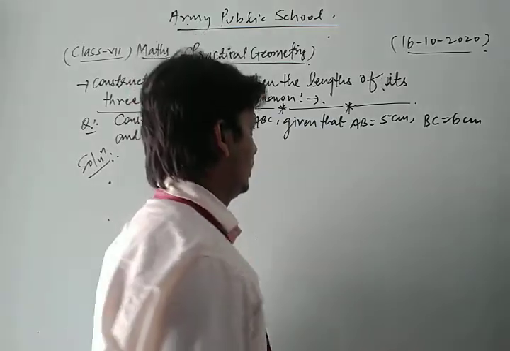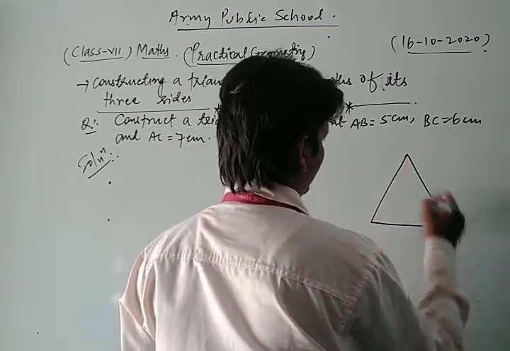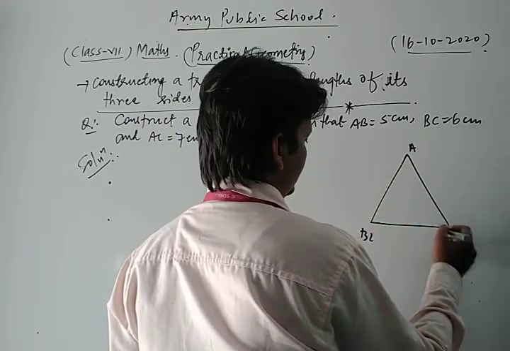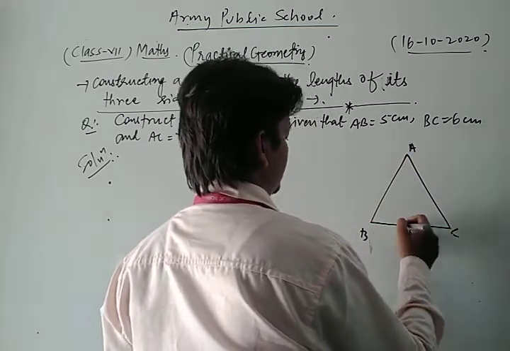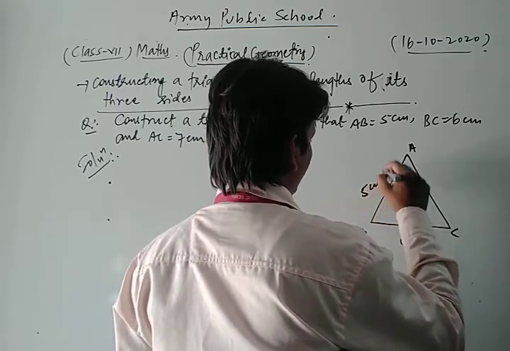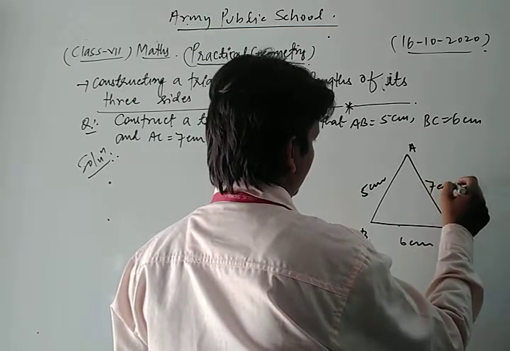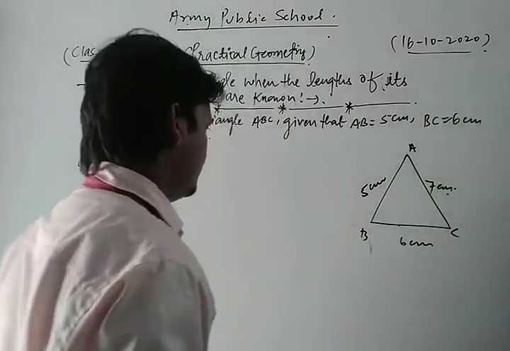Let's see. Suppose that ABC is a triangle in which BC is equal to 6 centimeter, AB is equal to 5 centimeter, and AC is equal to 7 centimeter.